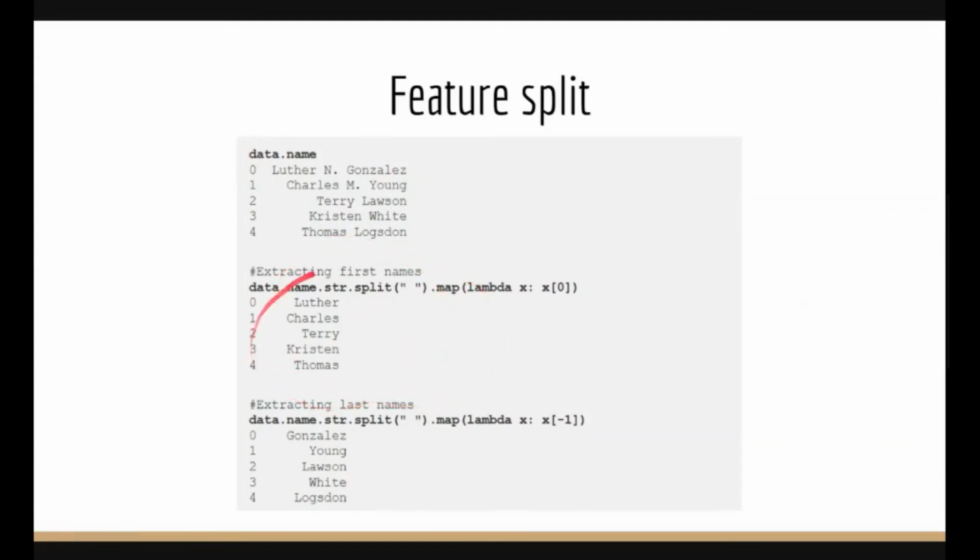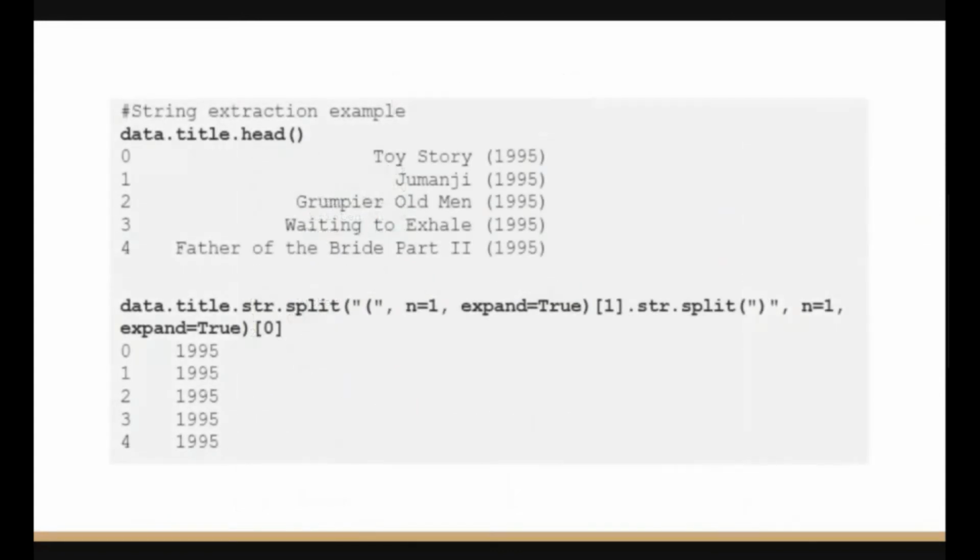In the second part, we separated the name according to where the space occurs, and from that separated list we extracted the first part and last part using the map function. To extract a string segment between two characters, this split method is also useful, and this is a sample code for that.